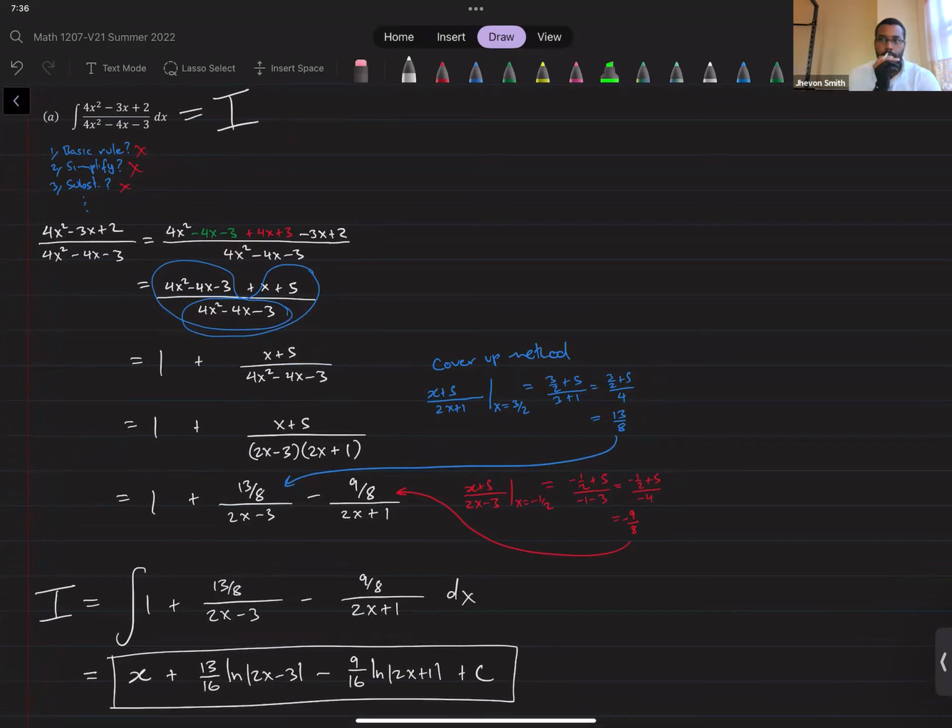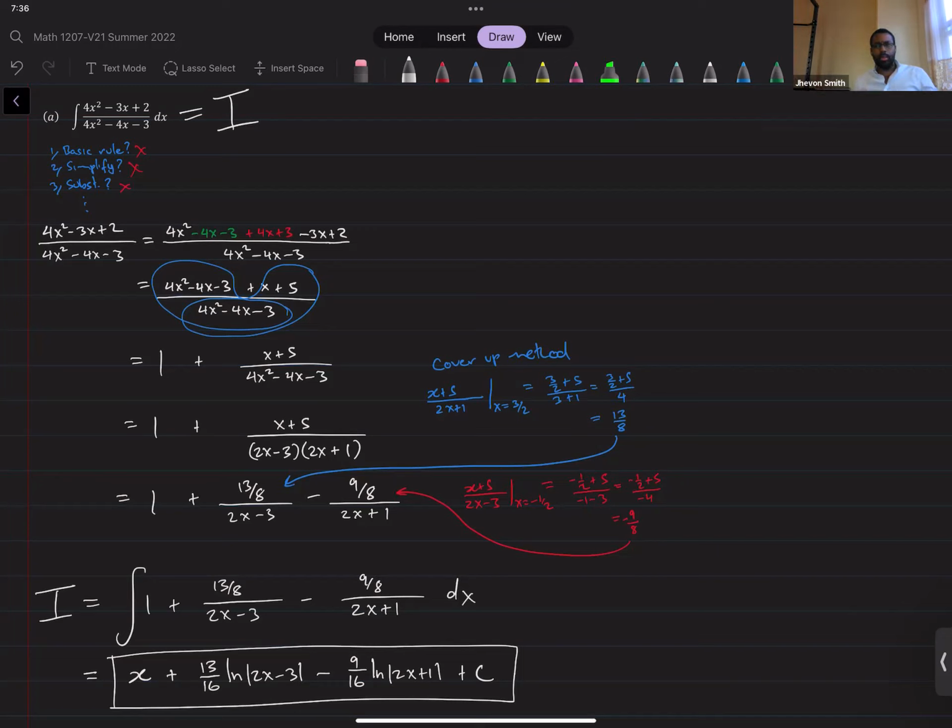Okay. So, questions? Did I lose anyone anywhere? And this is essentially me doing an integration via partial fraction decomposition.